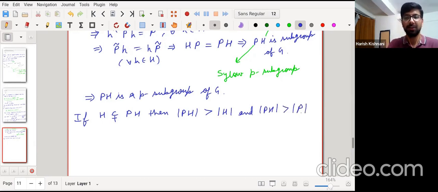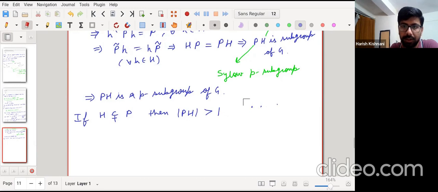Because if H is not contained in P, then the order of PH has to be greater than the order of P. I just made a small mistake; this would be the correct statement.